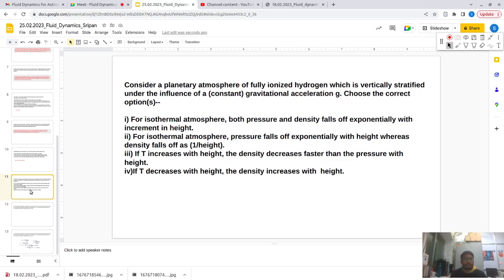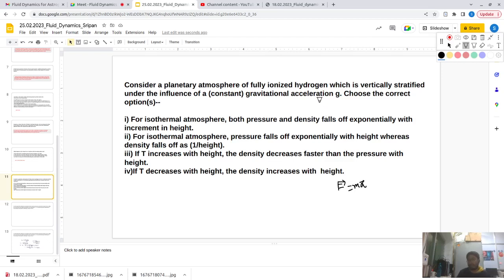Choose the correct options. So first of all, let us try to understand what this vertical stratification due to gravitational acceleration causes, right? So again, this is about the forces and their implication. So what we basically have is F equals to ma, right?